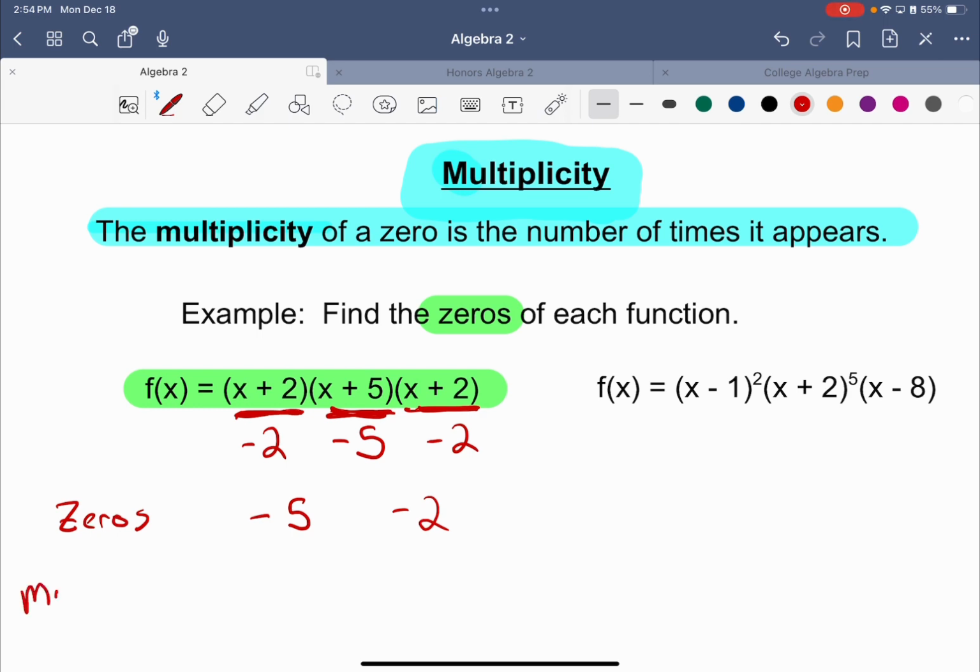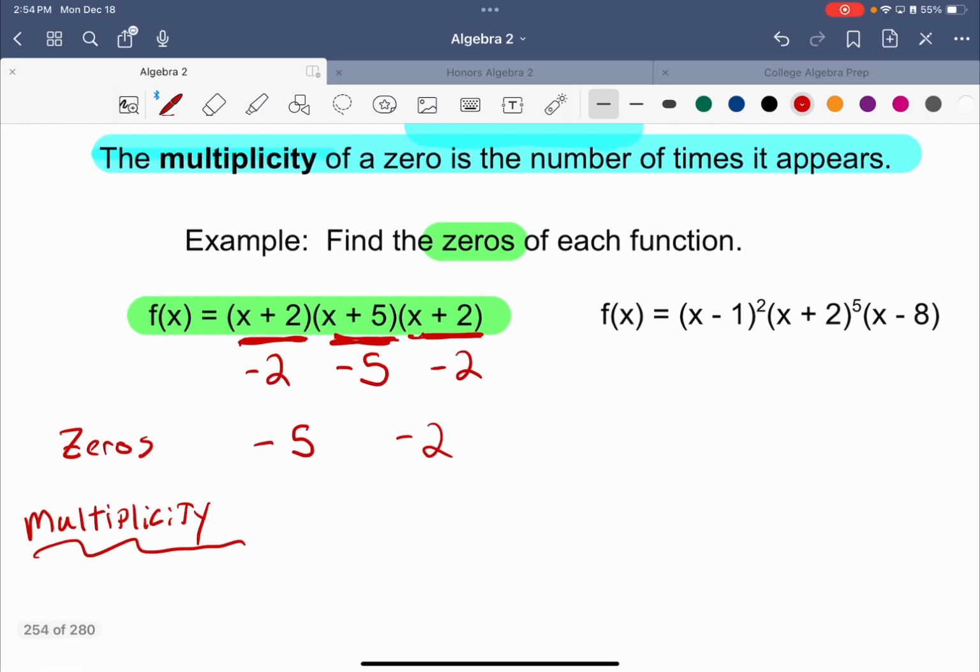The multiplicity. Multiplicity talks about how many times these occur. If I look at negative 5, negative 5 only occurs once. So that means it has a multiplicity of 1.